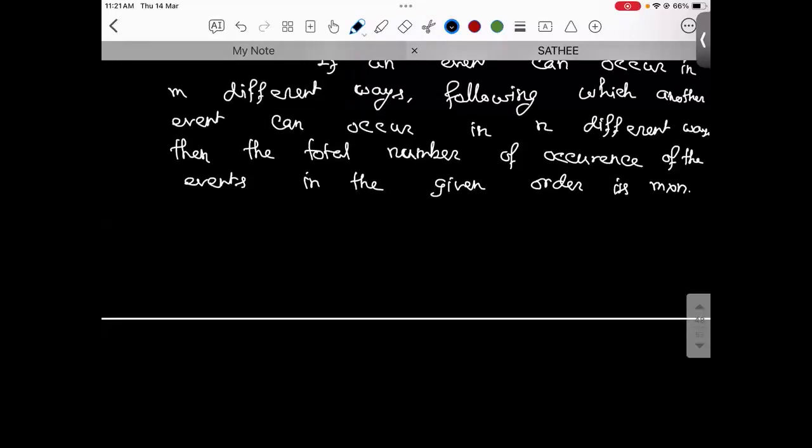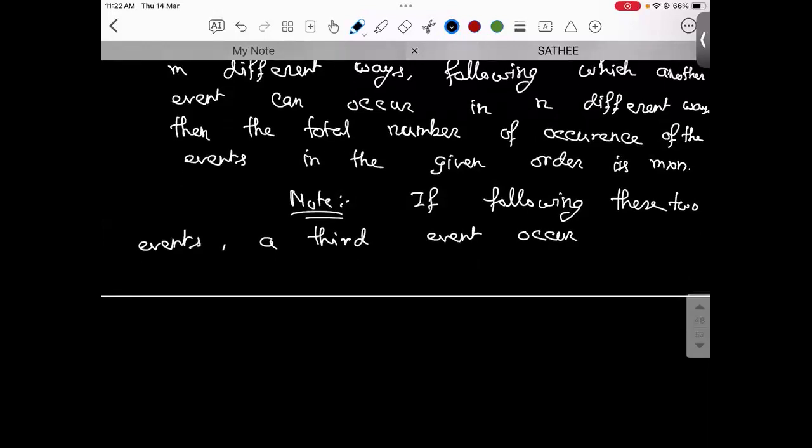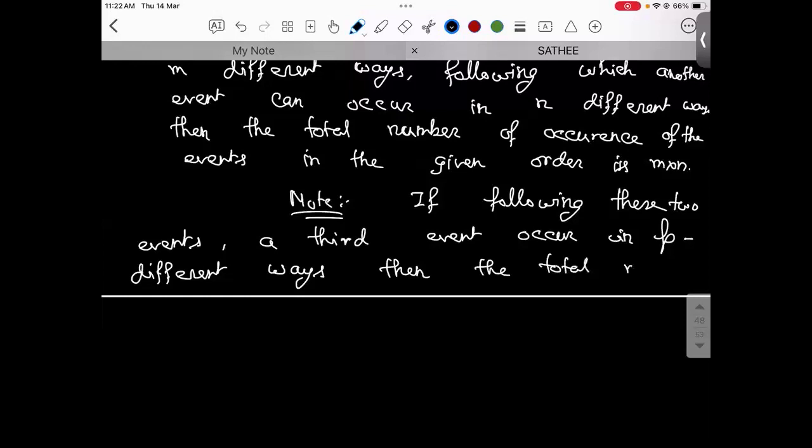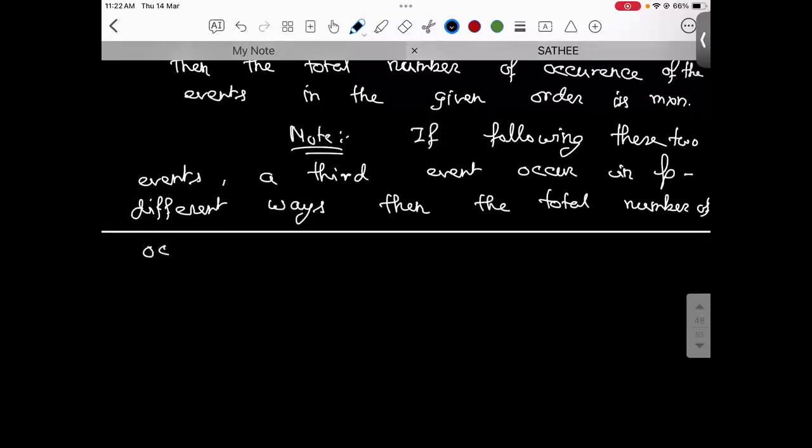So let us add some statement. Note: if, following these 2 events, the third event occurs in p different ways, then the total number of occurrences of the events is m cross n cross p.